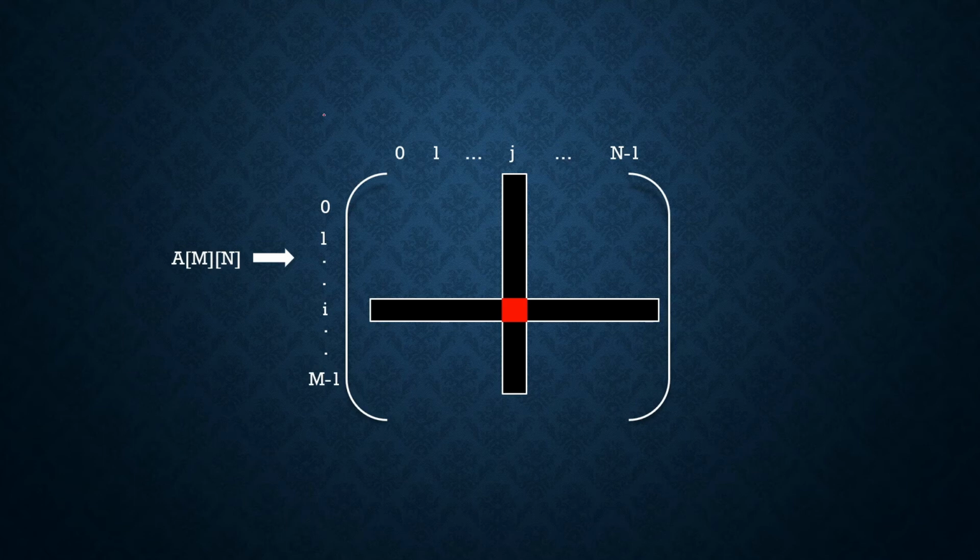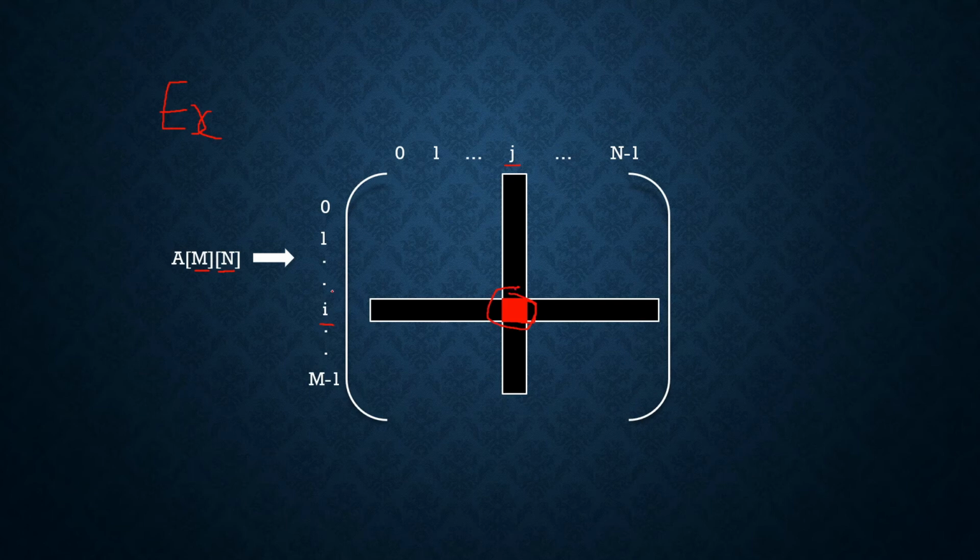This is a small example of an array of any numbers. So here is an array A of M and N. We want to find the address of the ith, jth element. So how can I find the address of this element?